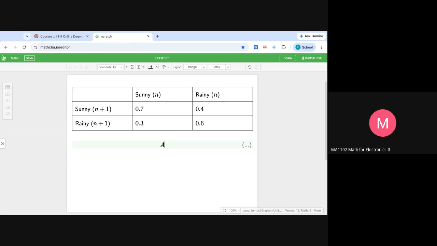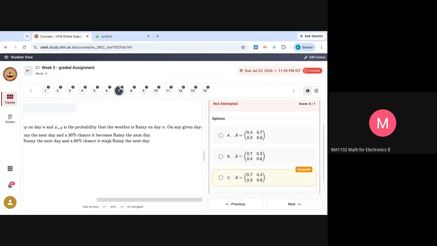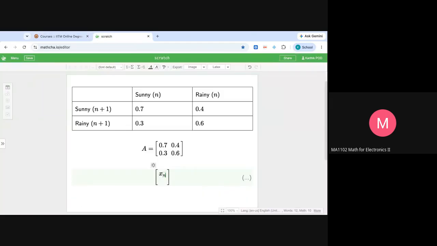Now you just have to plug this into a matrix: 0.7, 0.4, 0.3, 0.6. And if you call this your current, what do they call it? They call it XNR, right? So XNS, XNR. How do we get from here to that?